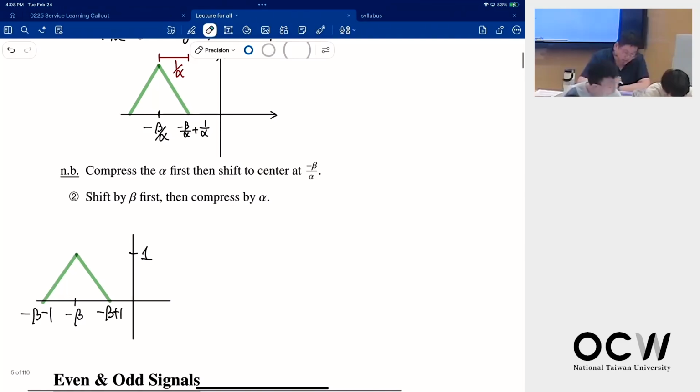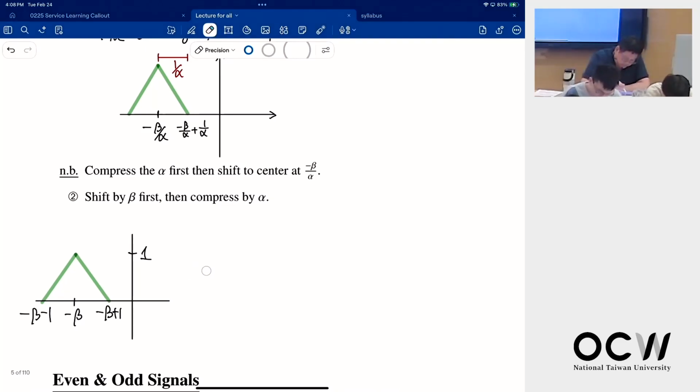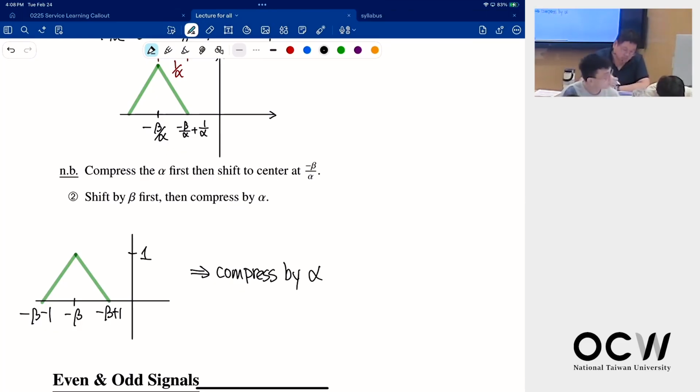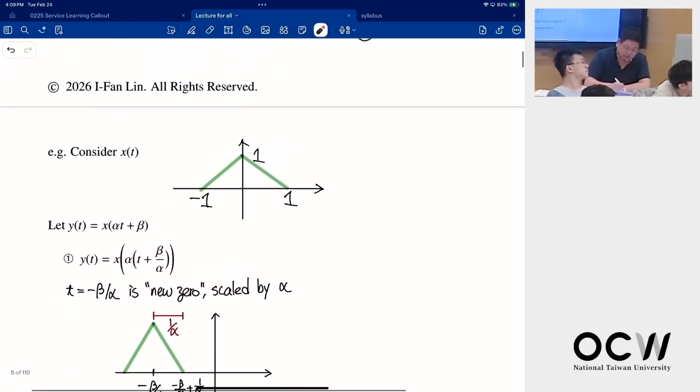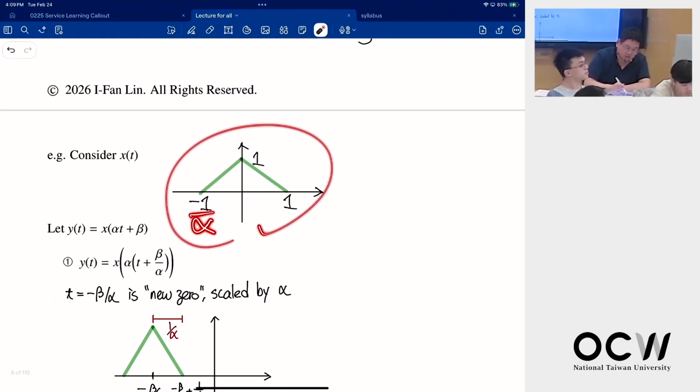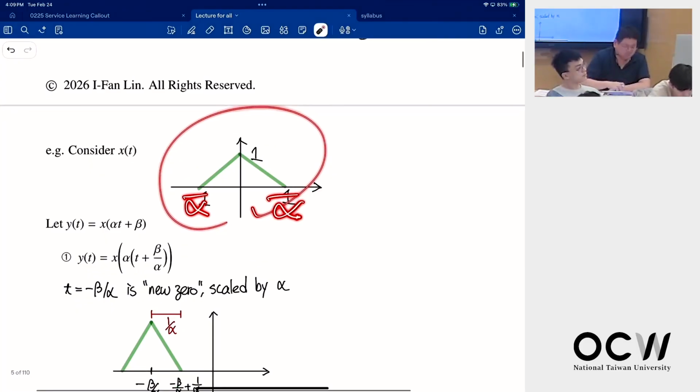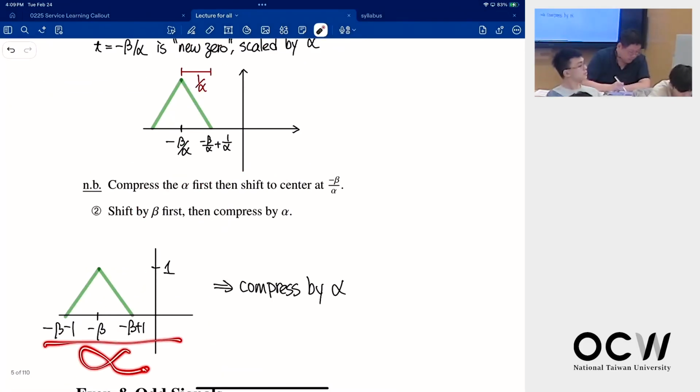Then we compress by alpha. So here I compress by alpha. Again, this will be like divide by alpha. Similarly, if I compress by alpha, I divide by alpha. Okay, so I divide by alpha overall.